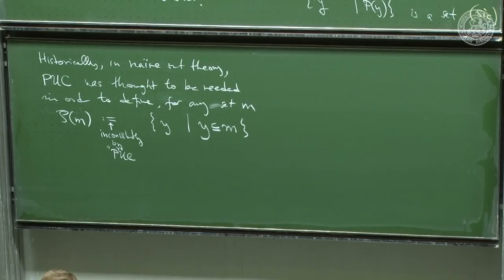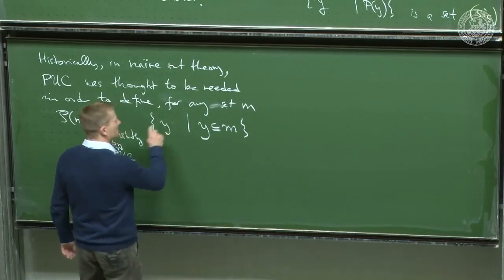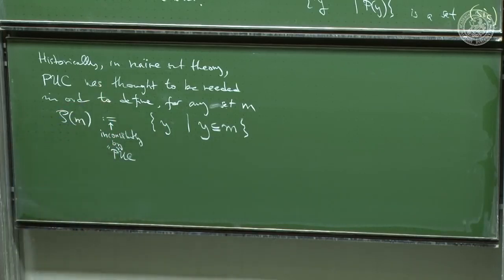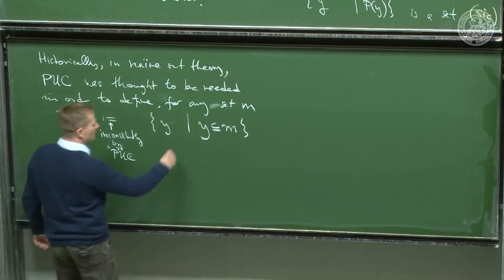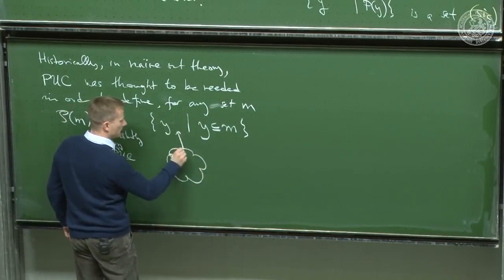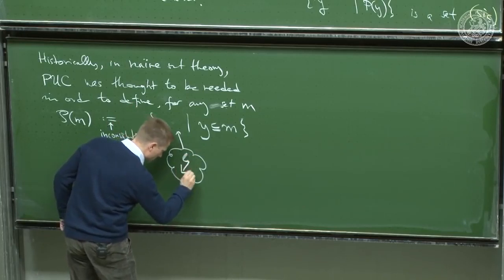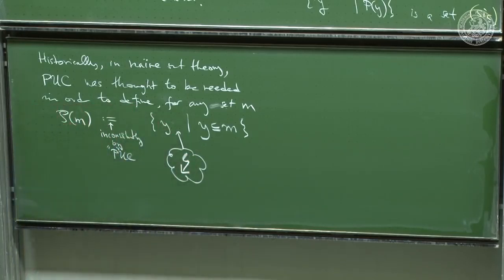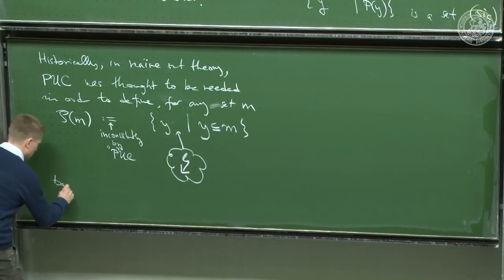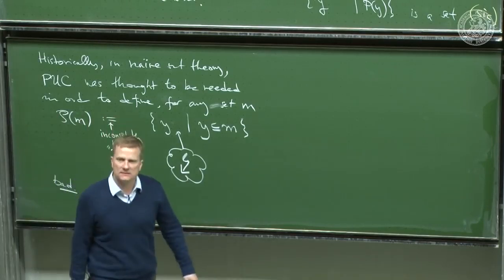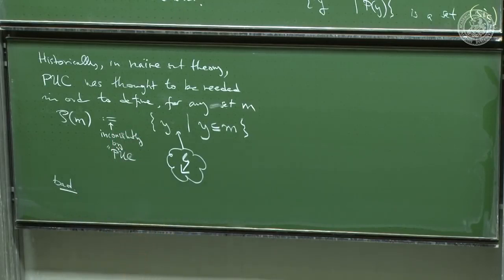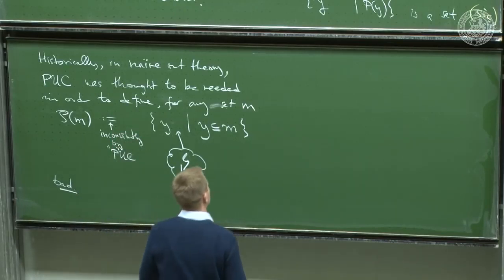You can generate every set in set theory, roughly speaking, by repeated application of taking the power set of the power set of the power set and so on. But if you want to generate sets, it cannot be that you know beforehand which big set they come from. So people thought you need this principle of universal comprehension, but of course here we lack the restriction, so we know we're not going to do it this way. Bad. And in fact, there is no other choice but to postulate that the power set exists.